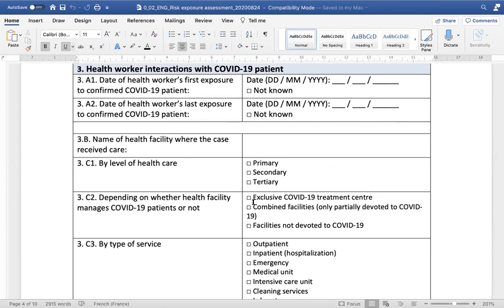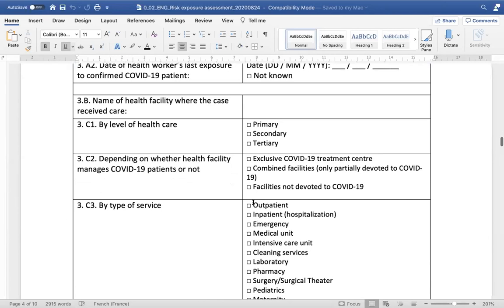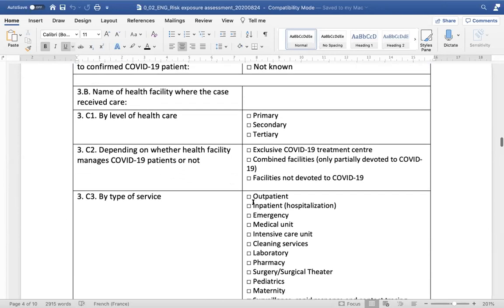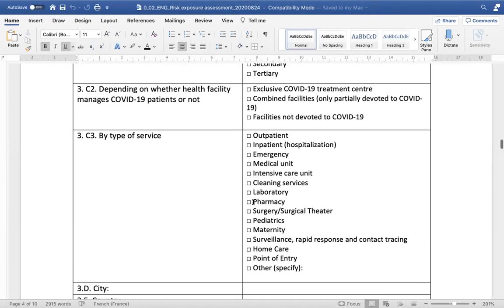So here we want to know the first day of exposure to a COVID patient and the last day of exposure, the name of the healthcare facility, and the level of healthcare facility. Was it primary, secondary, or tertiary? Then, whether a health facility manages patients with COVID or not, that is, is it a COVID treatment center, a combined center, or not dedicated to COVID treatment?